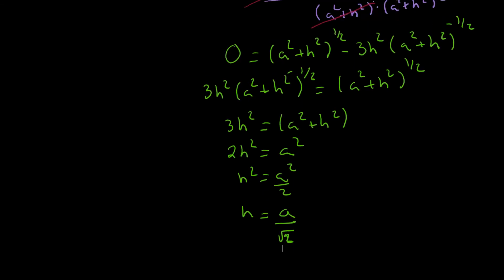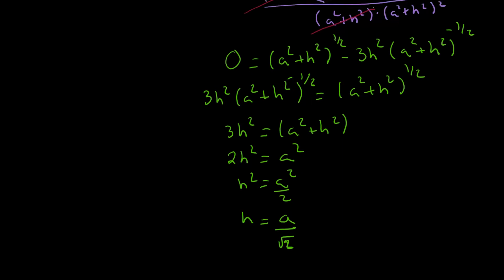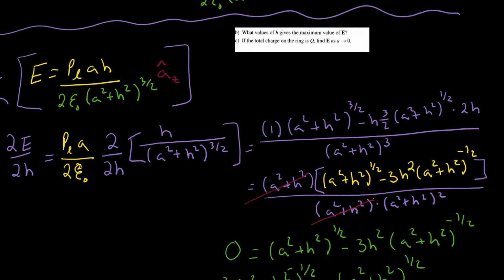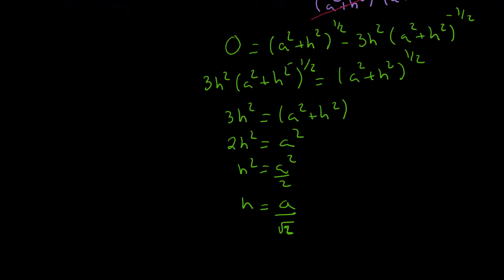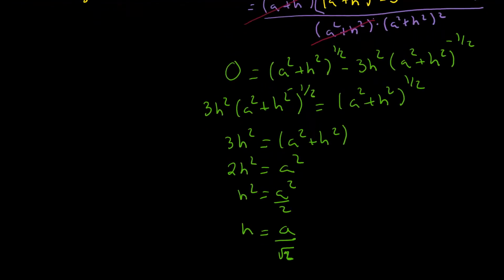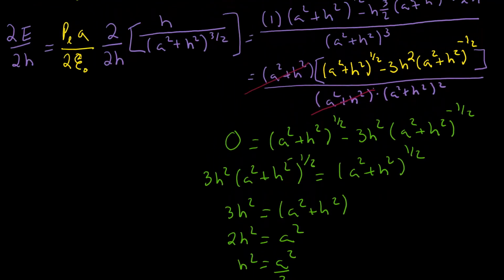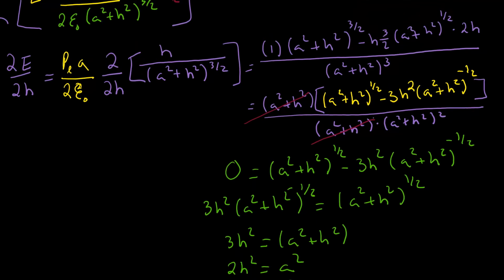I'm just going to leave it at that. So that would be our answer to what value of H gives the maximum value of E. Well, technically we're not sure. Do I want to test it? No, obviously I don't, but I should.